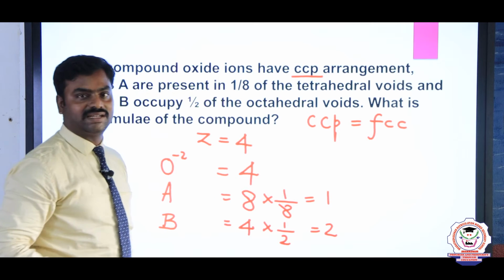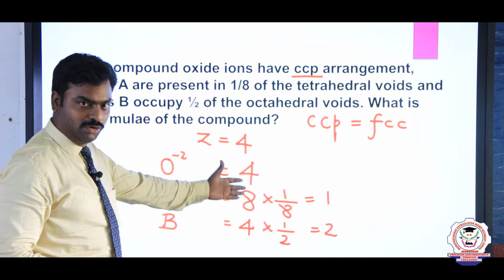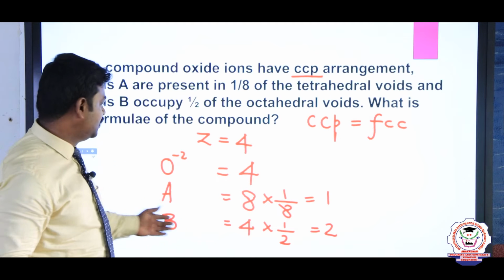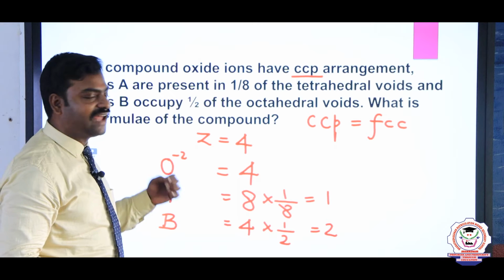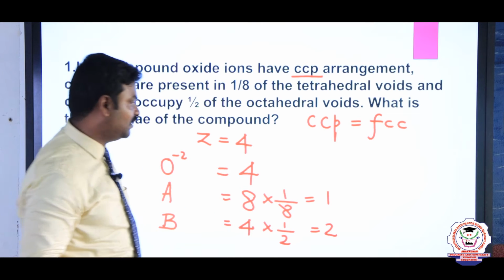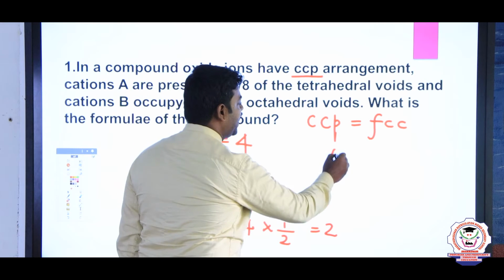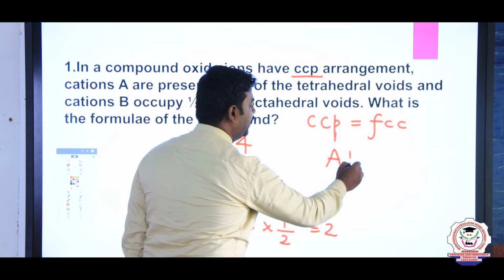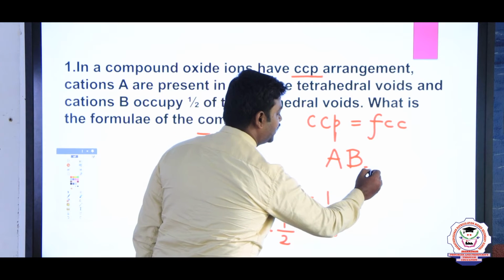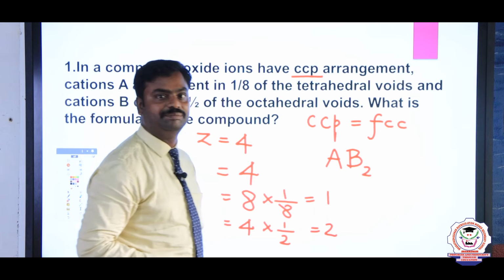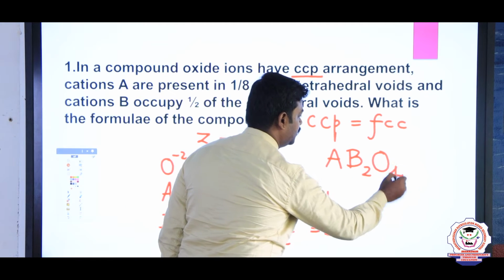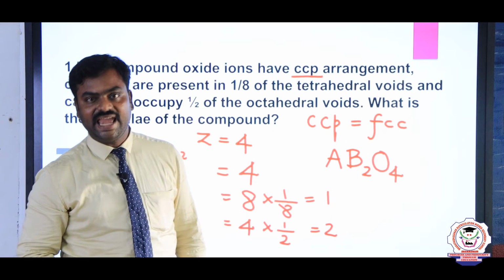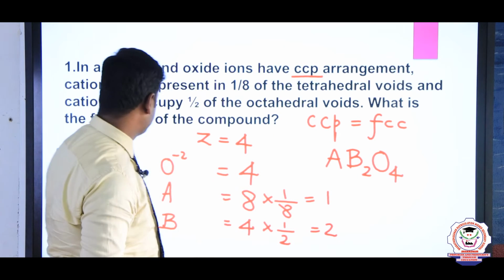So now the number of oxygen atoms is 4, number of A is 1, number of B is 2. Using this ratio we can derive the formula. A is only 1 atom, B is 2 atoms, and oxygens are 4. So the molecular formula is AB2O4.